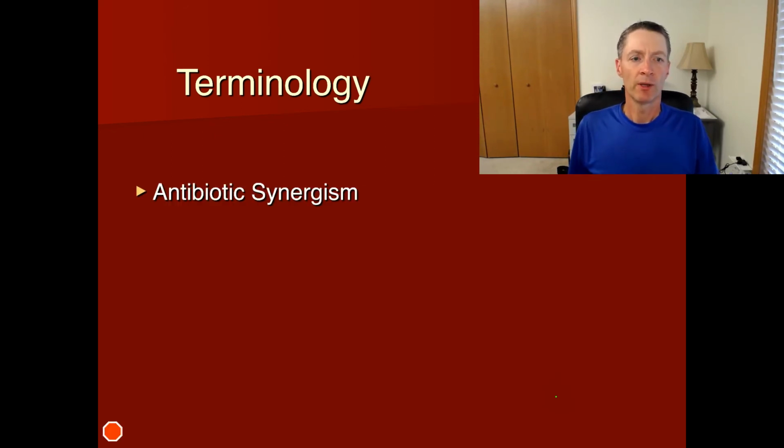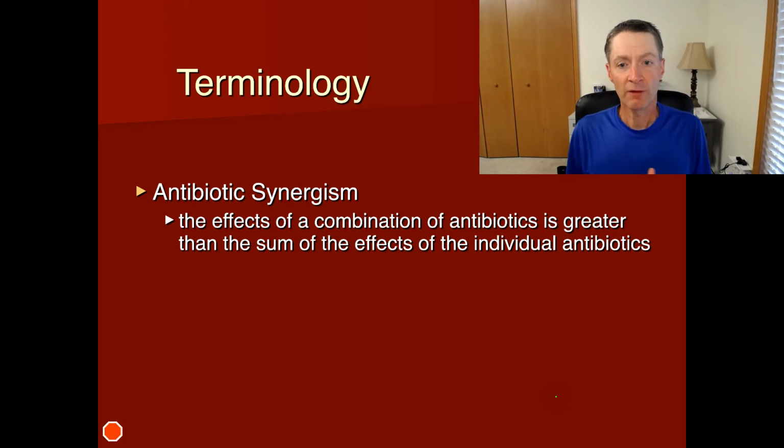So here is the definition of an antibiotic synergism, a synergy. The effects of a combination of antibiotics would be greater than the sum of the effects of the antibiotics individually, right?